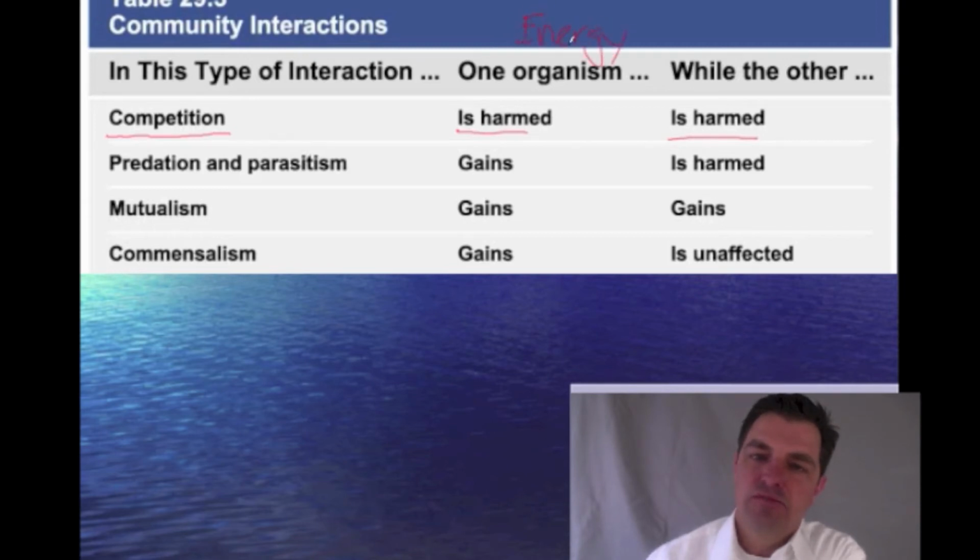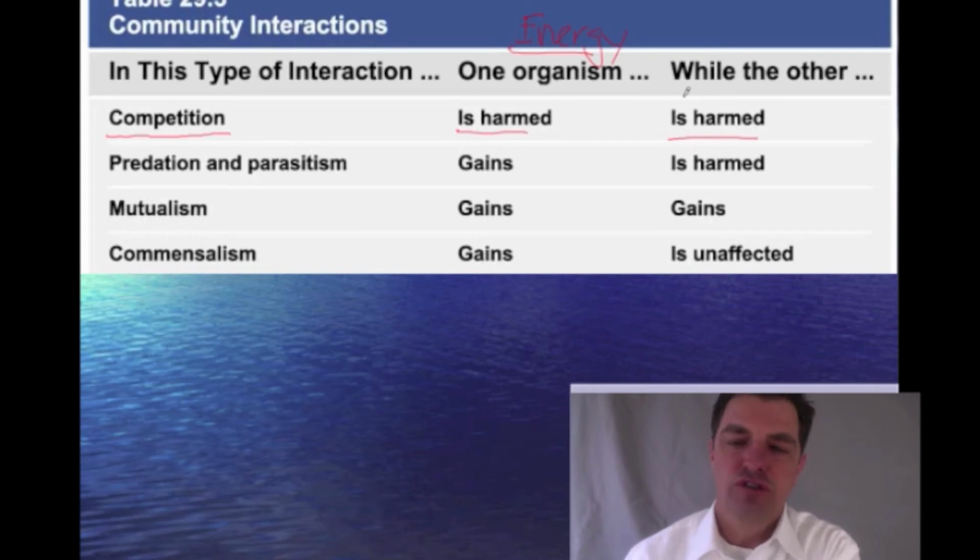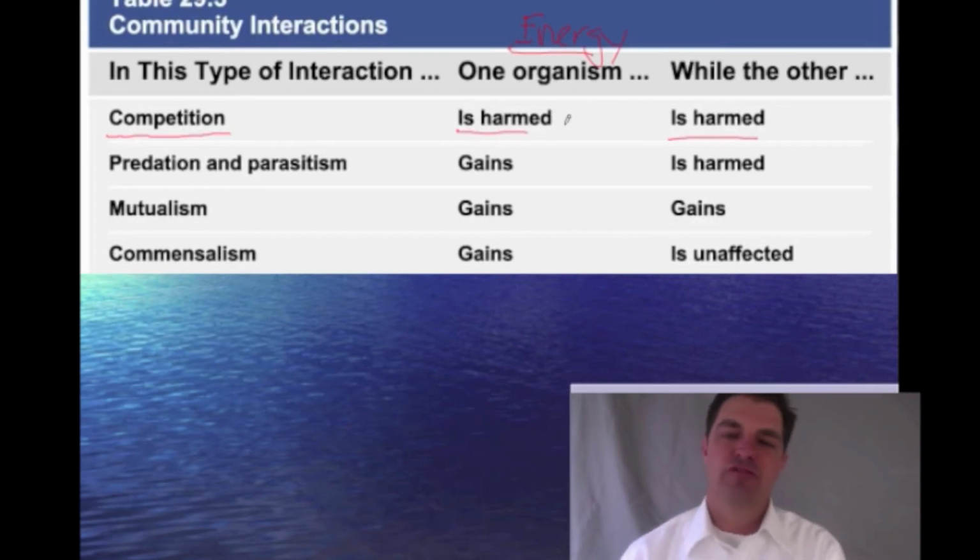So if two organisms compete for the same food source, one might get the slight upper hand over the other, but if they're trying to eat the same thing, they're both at a loss somewhat because they could eat more if the other wasn't around. So the analogy I like to use here is, let's say you're going for a job.